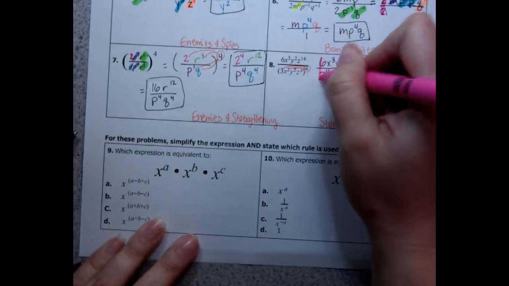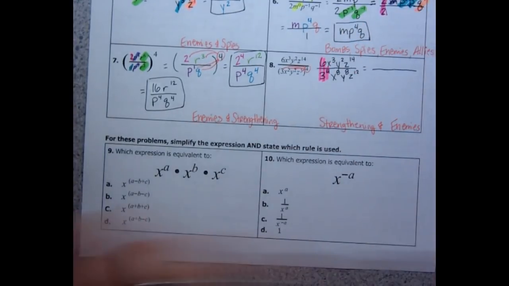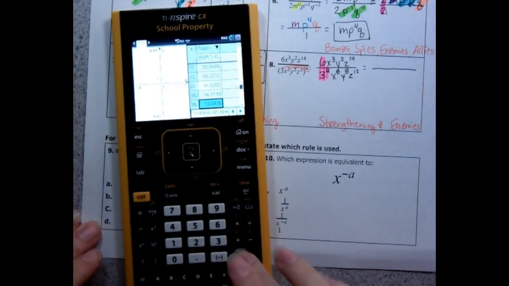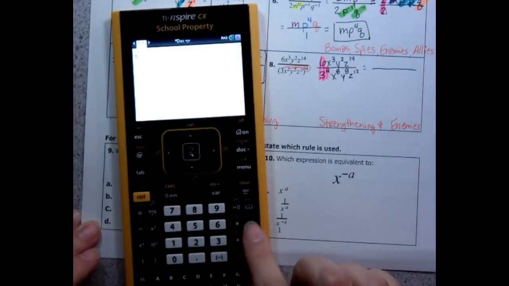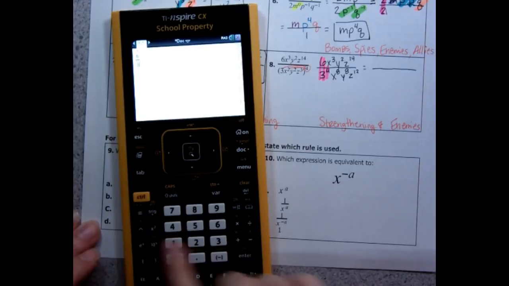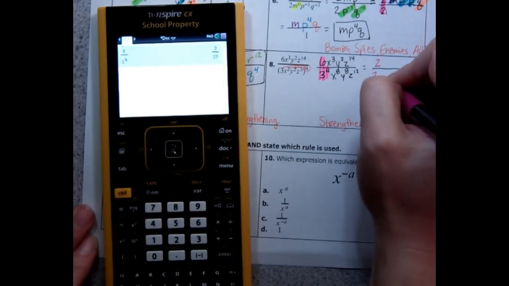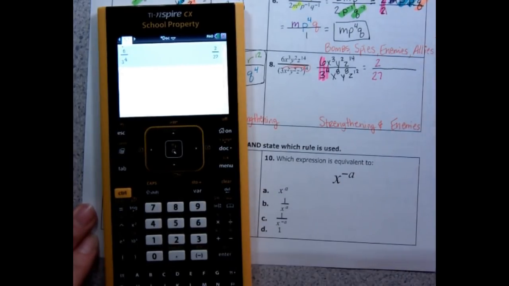Okay, so I'm going to start with my number 6 over 3 to the 4th. Now, if you don't know how to simplify that fraction, go ahead, plug it in your calculator. 6 over 3 to the 4th power. 2 over 27. That means I'm going to have a 2 on top, 27 on bottom.